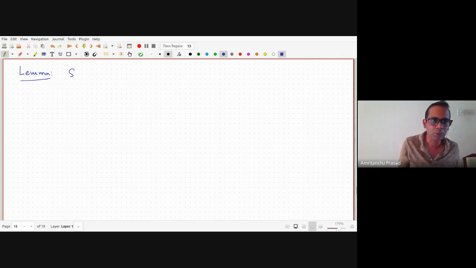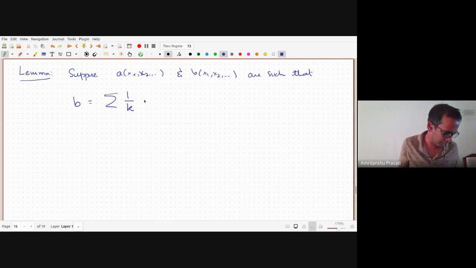So the lemma is, suppose A and B are two functions A(x1, x2, ...) and B(x1, x2, ...) such that B is equal to the summation of 1 over k xk circle A. This is equivalent to the inversion, for all such formal series, so this is a kind of Mobius inversion formula.